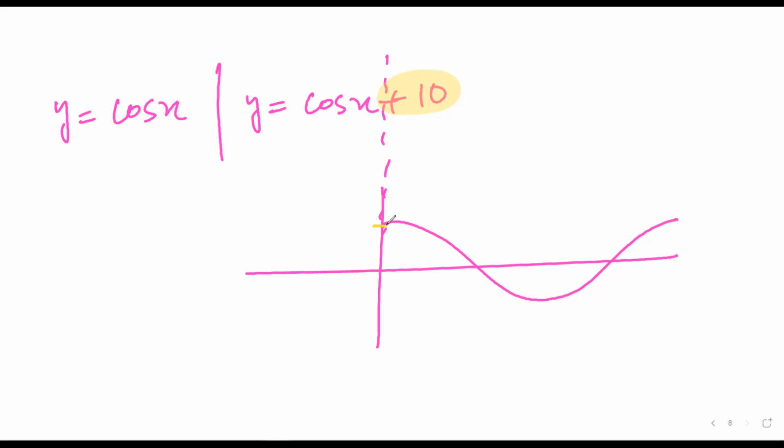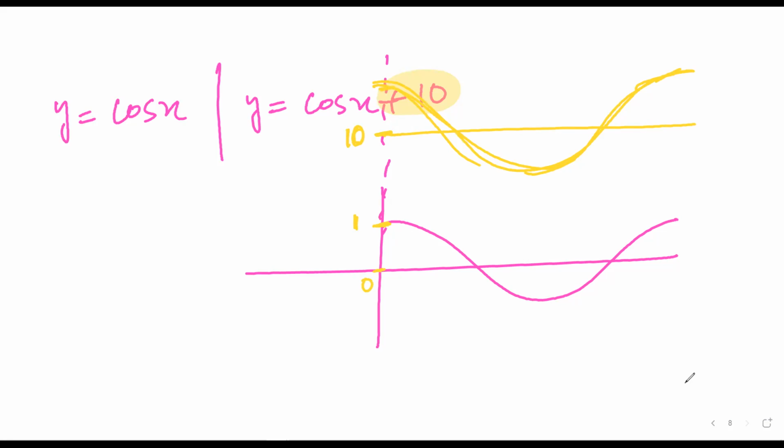So for example, this is 1, this is 0. Let me assume I'm not much concerned about the scale. So the new curve will look something like this. Is it making sense?